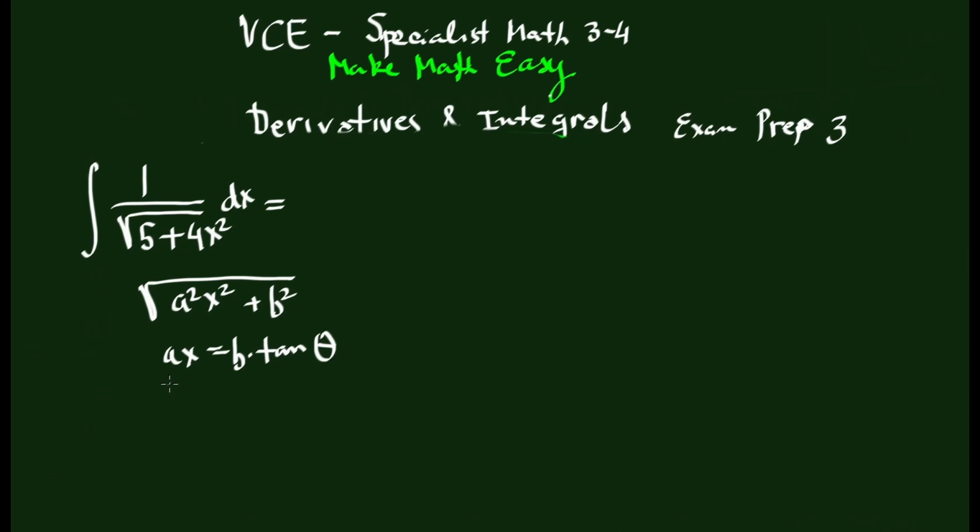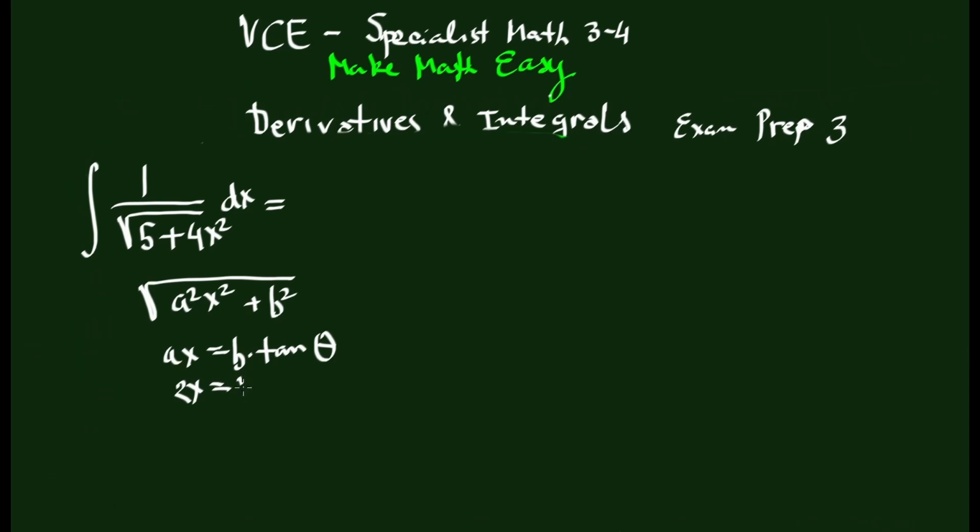So we got 2x is equal to, and what's our b? That also needs to be a square, so it's the square root of 5.